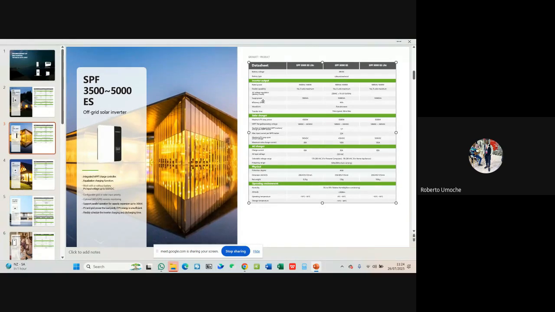The efficiency at its peak is 93%. The waveform is pure sine wave, and the transfer time is same as the one before, 10 millisecond typical, and then 20 millisecond max.